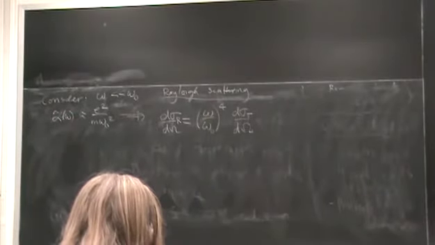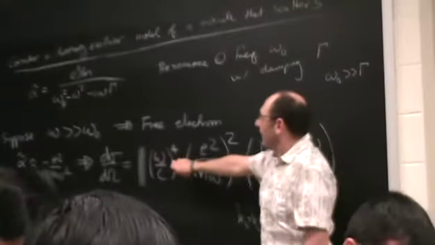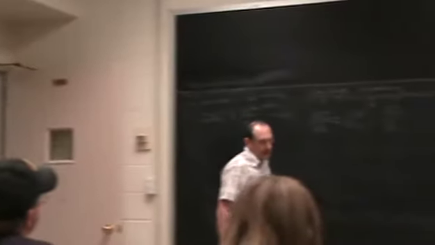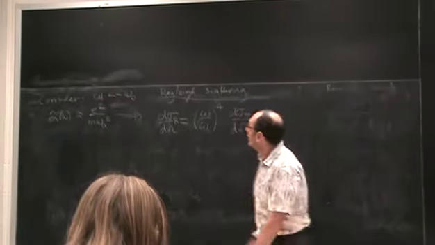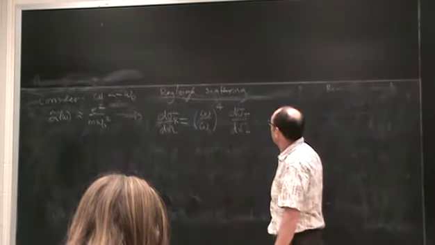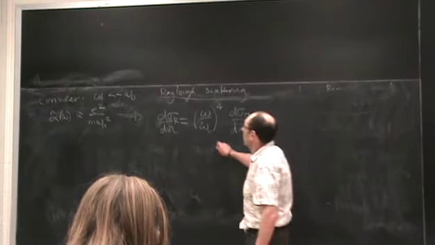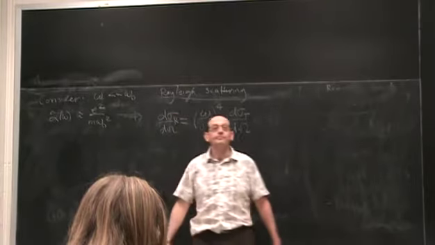If we look at it over here, the only thing that we have is that we're getting rid of that omega to the fourth power, and replacing it by omega naught.